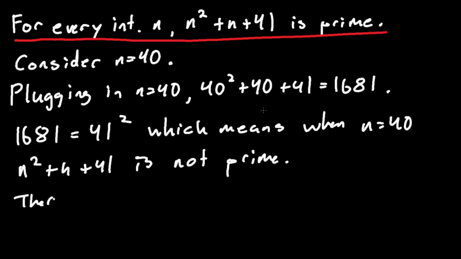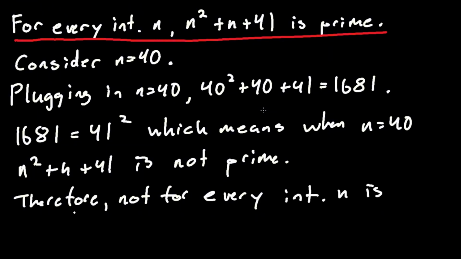We could end this differently; you can write down multiple different things. Let's say, therefore, it is not true that for every integer n, n squared plus n plus 41 is prime. This is a way you can write it.